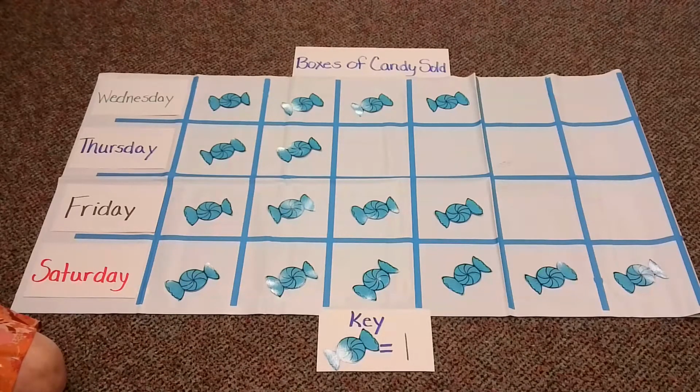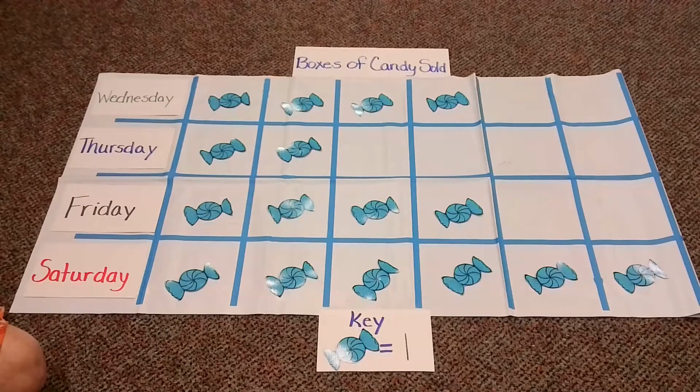So what I could start doing now is asking some questions. And I wonder if you're at home or maybe in a classroom, maybe you could start thinking about some questions that you could be asking pertaining to this graph. So let's ask a few questions and I wonder if you can answer them. How many boxes of candy were sold on Thursday?